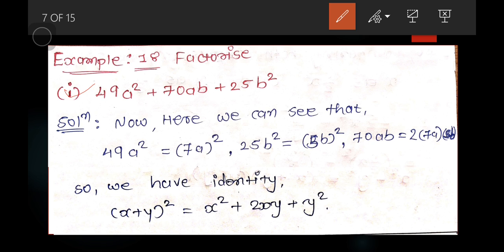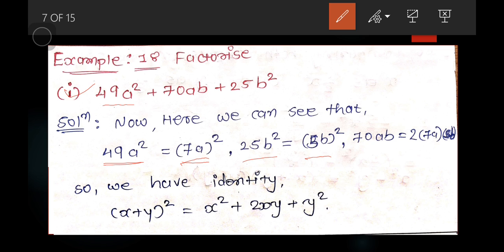Here 49 is the square of 7, so we can write 49a square as (7a) all square, and 25b square as (5b) all square.